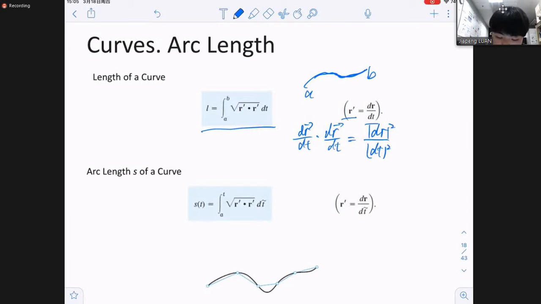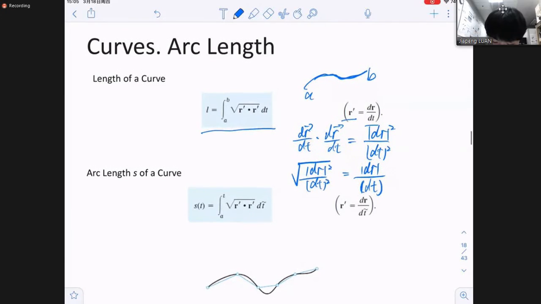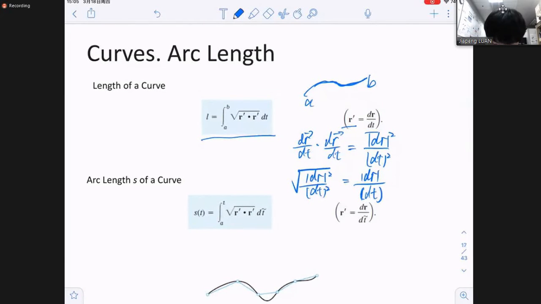And then you square root this. That actually gives you the dr norm.